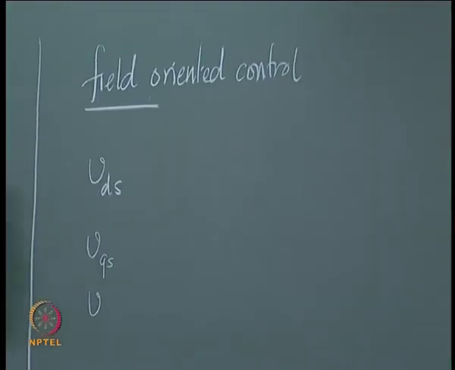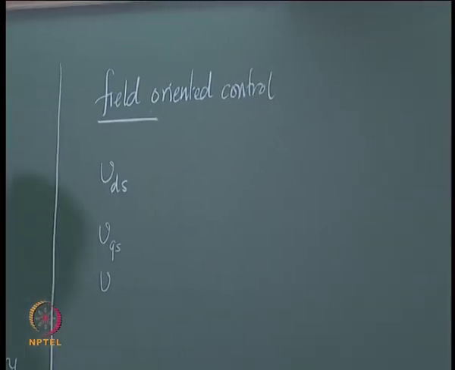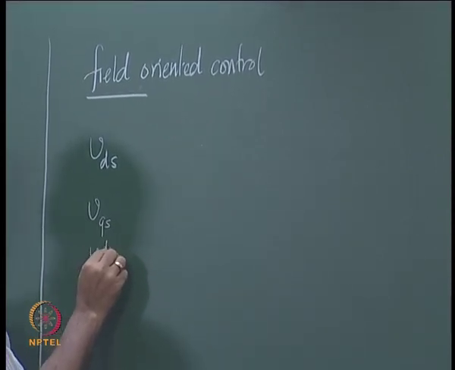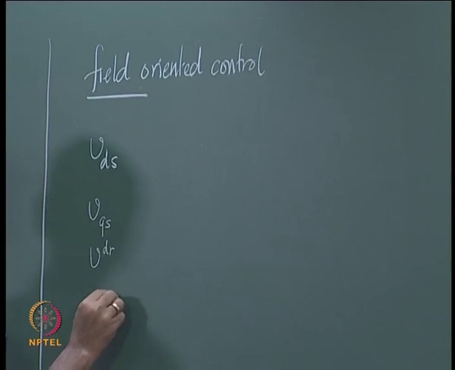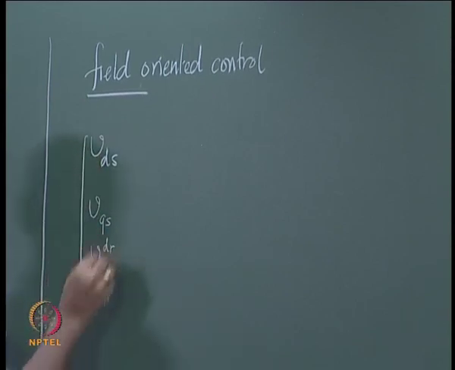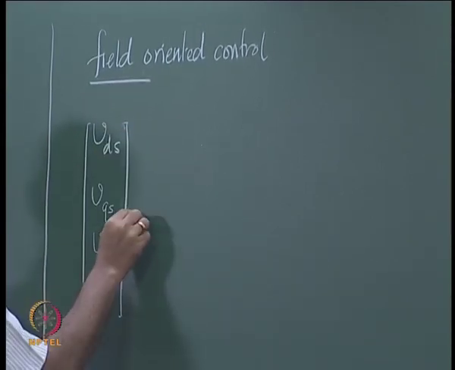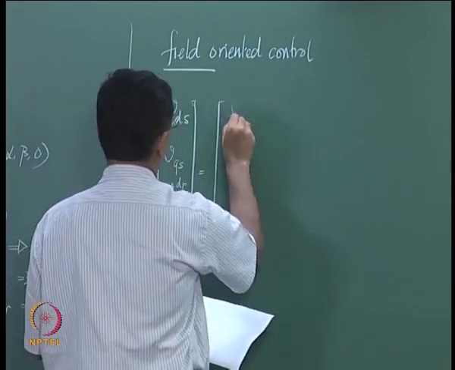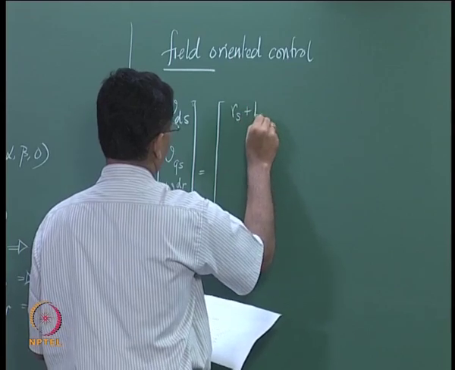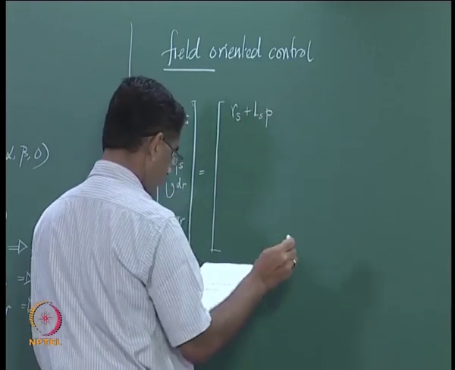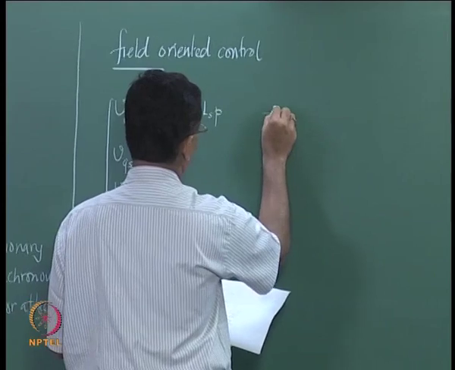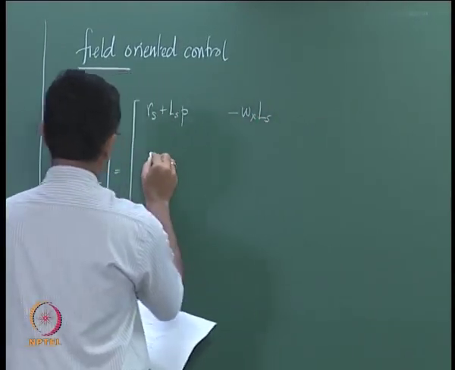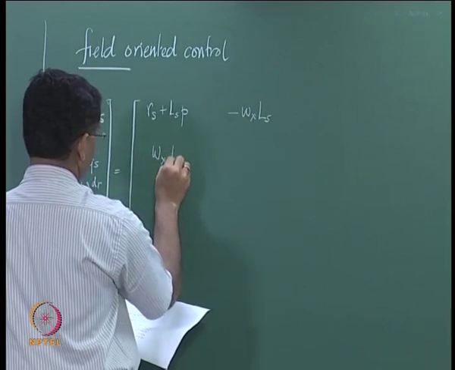We will neglect the 0 sequence part, so we will leave that out, and then you have VDR and VQR, that is the stator voltage vector. This is equal to RS plus LS into P, and then minus omega x into Ls, and then here you have omega x into Ls.